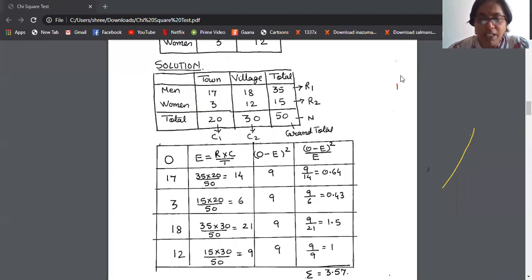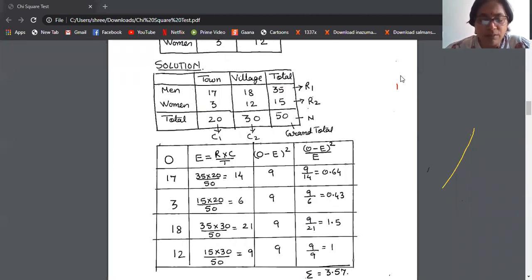Now the next one will be O minus E the whole square. So just take the difference and square it. Now when we are finding the difference, you can do either 17 minus 14 or 14 minus 17. It does not make any difference because we are going to square it. So even if we get a negative, for example, 3 minus 6 will be minus 3, but the square is going to be 9.